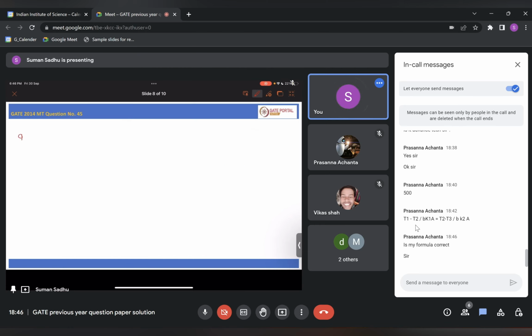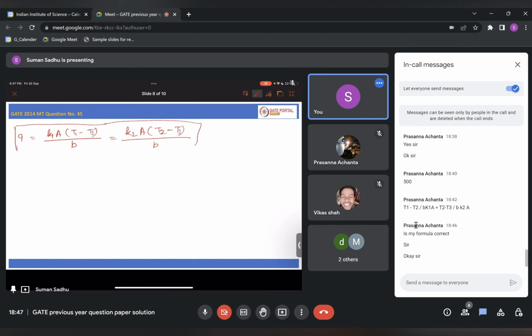The formula will be Q equal to K1 A into T1 minus T2 divided by D, and this will be equal to K2 A into T2 minus T3 by D. Because heat flux is proportional to dT by dx, the temperature difference is the driving force, and the distance is dx. So q is this heat flux.